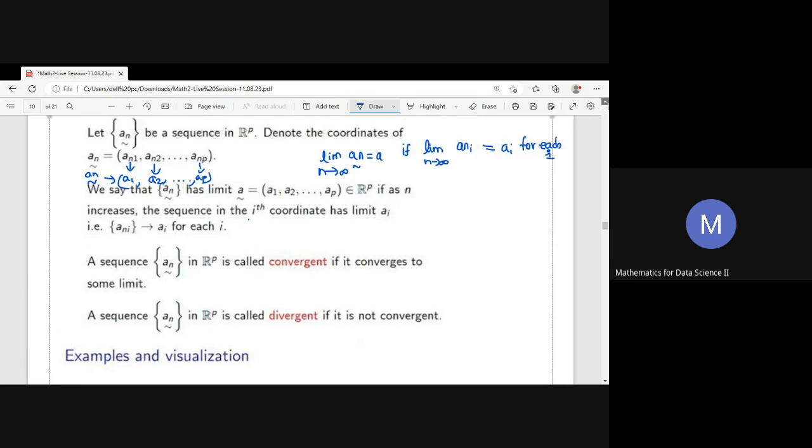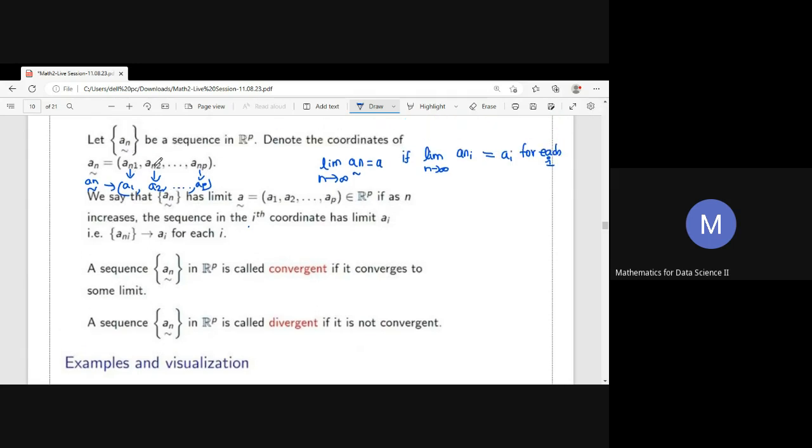One advantage is that there can be several sequences like this in R^p. For example, in R^p you have p sequences. So if you can find that at least one of them is divergent, then you know that the whole sequence a_n tilde is divergent, because for each i you need a limit. If one of them does not have a limit, then you can say a_n tilde does not converge.